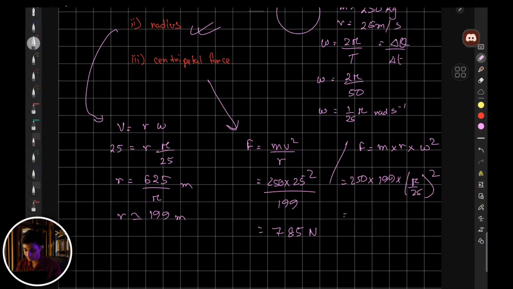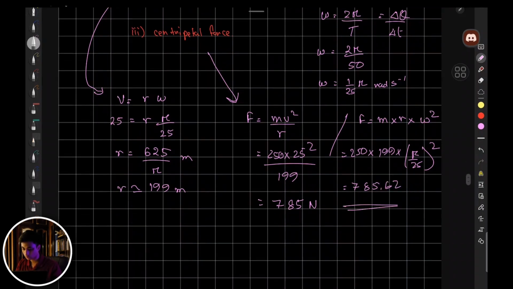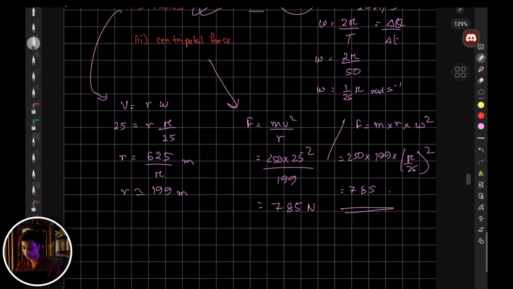It's going to give you the same, 785.62 newtons. So it's approximately the same value. If it's slightly different, it's because we have taken the approximate values.